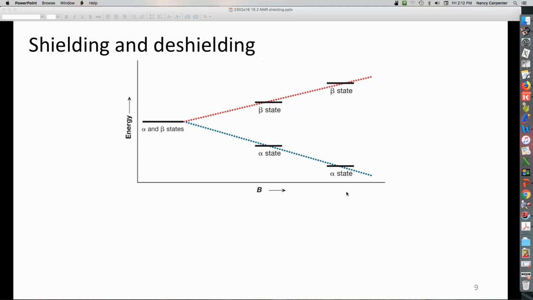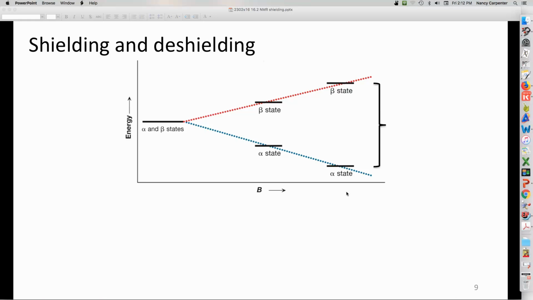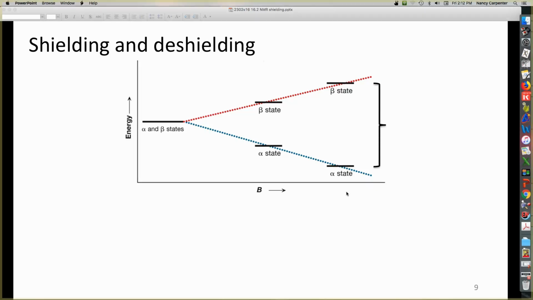All right, and this should make sense when you get back to thinking about the fundamental processes taking place in NMR spectroscopy. As we expose a nucleus to a magnetic field, we are causing a difference in energy between the alpha state and the beta state. As the magnetic field increases, that energy gap that allows the transition from the alpha state to the beta state gets bigger.